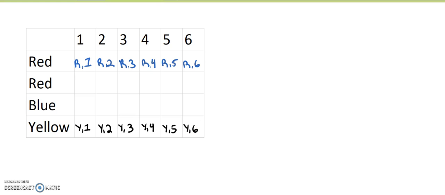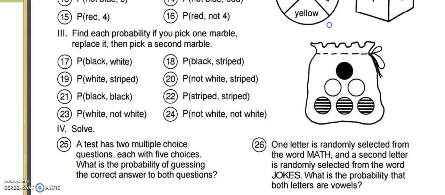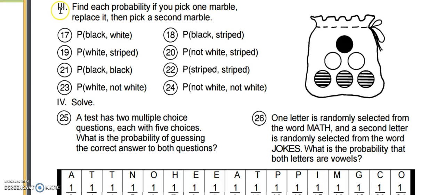Let's take a look at this last problem. It's a little bit different. Problem 3 says, find each probability if you pick one marble, replace it, and then pick a second marble. If you notice here, we only have one bag of marbles. It might seem like this isn't compound probability, but since we're picking a marble twice, it is.